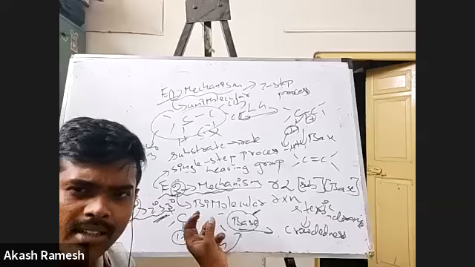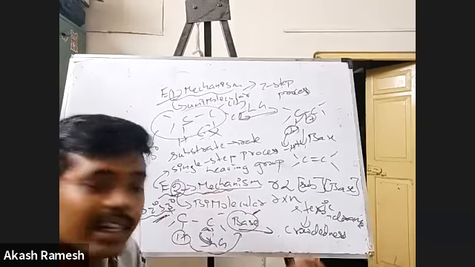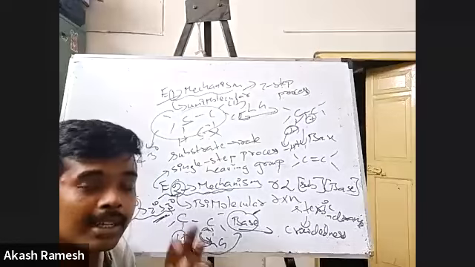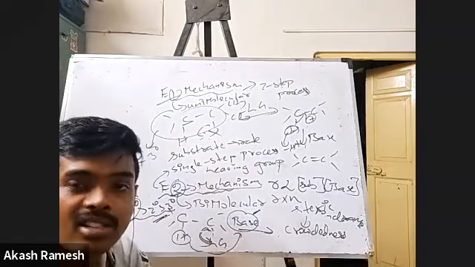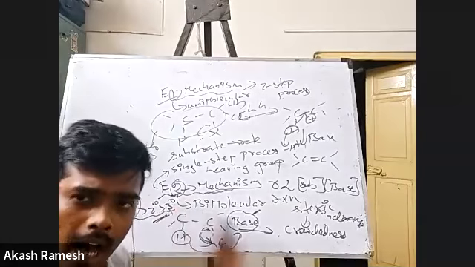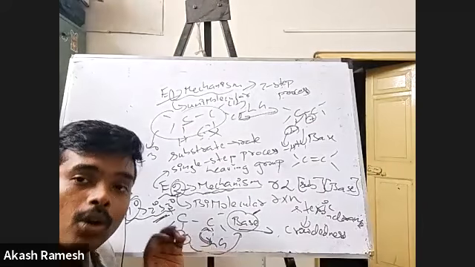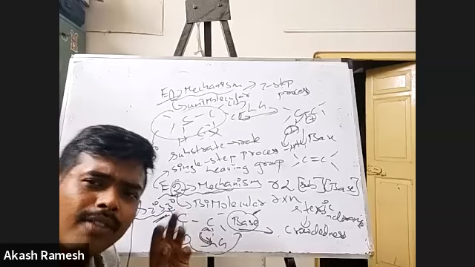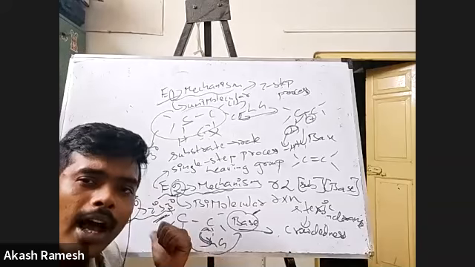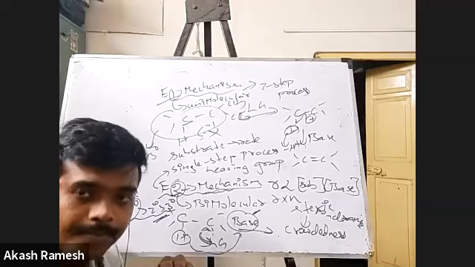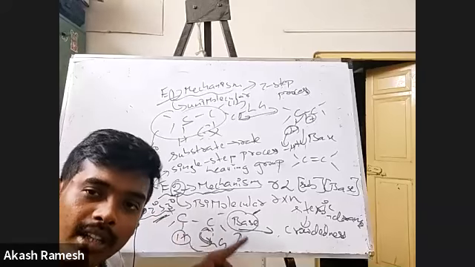So lesser crowded species will undergo faster E2 mechanism. Again, I repeat, lesser crowded substrate will undergo faster E2 mechanism. Now, if I compare primary, secondary, and tertiary substrates, tertiary will be very, very crowded because I have 3 carbon atoms attached to that. Secondary will be less crowded, and primary will be the least crowded. So obviously the least crowded one will undergo the reaction faster.